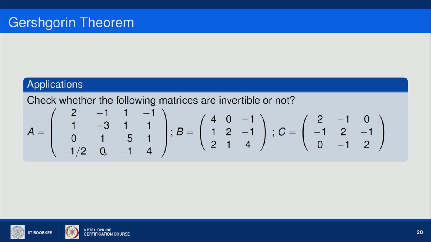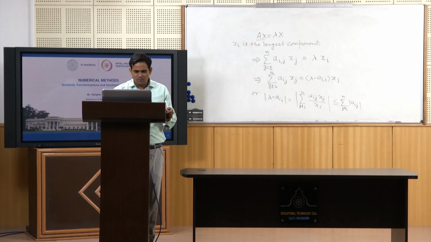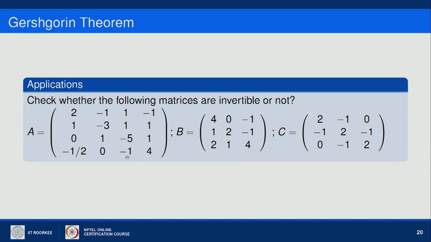So, from here we can't say anything, but if you apply the Gershgorin circle theorem on the columns of A, because the eigenvalues of A and A transpose are equal, the theorem holds for columns also. From the columns it is quite clear that in each column I have a strict inequality.